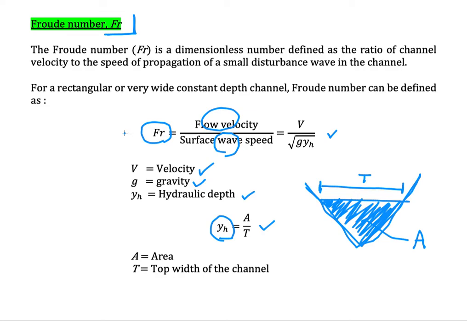Okay, so why is the Froude number more important compared to the Reynolds number in open channel flow? It is because open channel flow flows because of gravity.